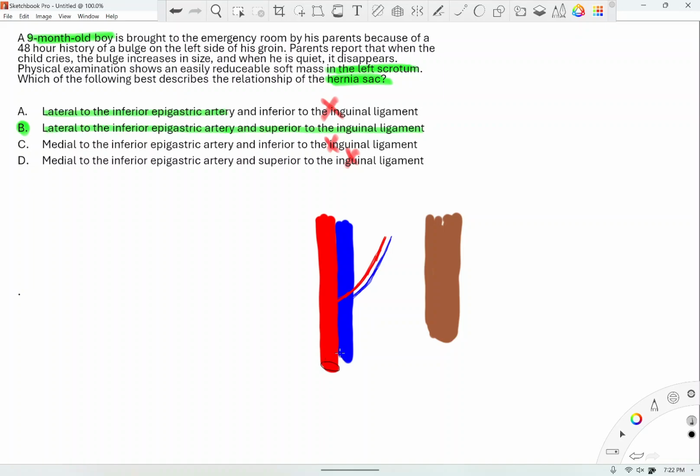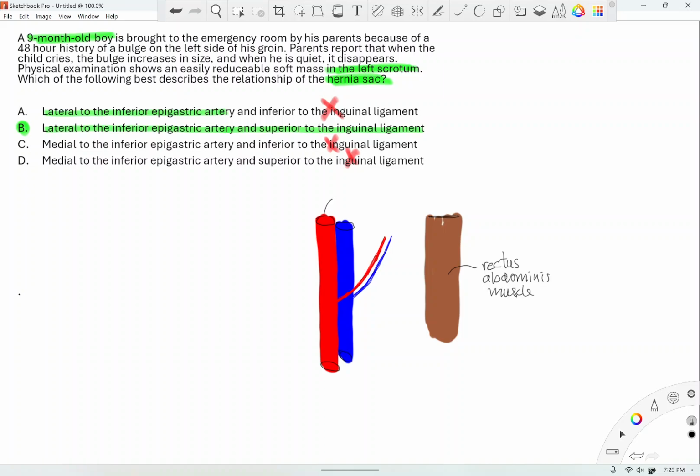So femoral artery, femoral vein, and then we have the rectus abdominis muscle.